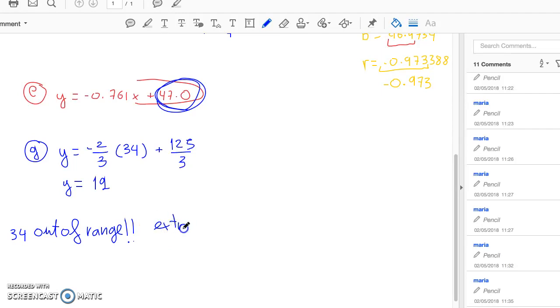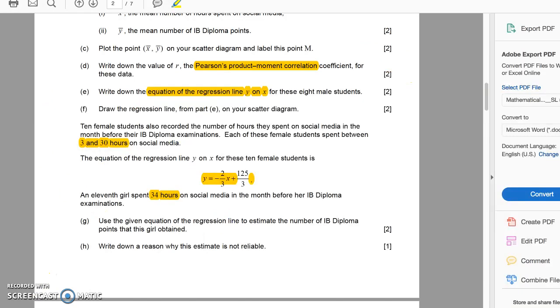This is an extrapolation. So you have been taking data in a specific range, and with this data you have generated a function that fits well. Now, out of the range, you don't know, maybe it's not linear anymore, so it's an extrapolation. And that's the end of the paper, the question at least.